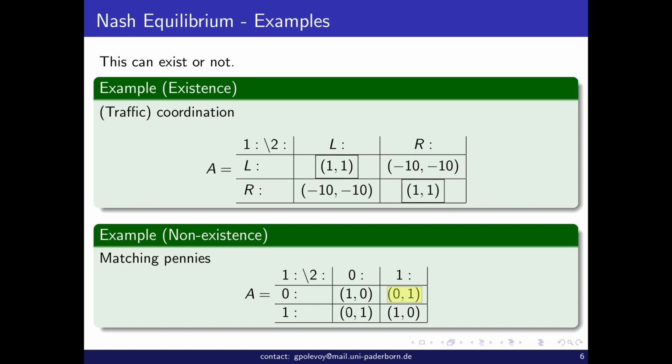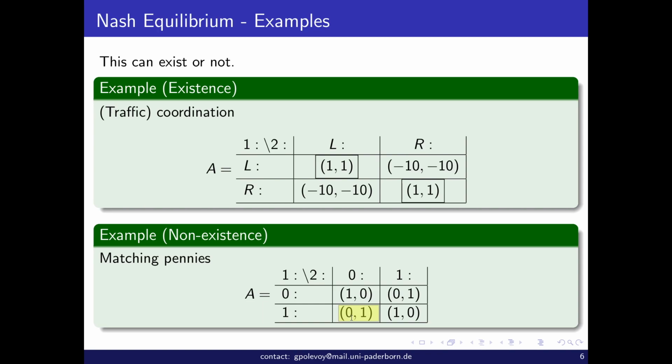And here there is no Nash equilibrium. Because in any case, for example, in 0-1, there is exactly one player who gets 0 and who can get 1 by deviating. So here the row player gets 0, and if he changes from 0 to 1, he gets 1. Similarly here, the column player could deviate and get 1.